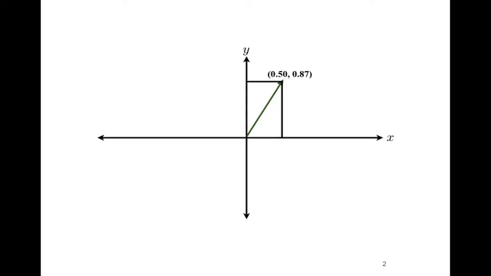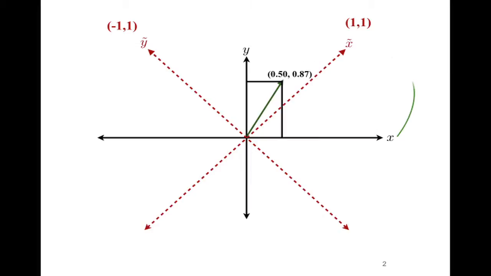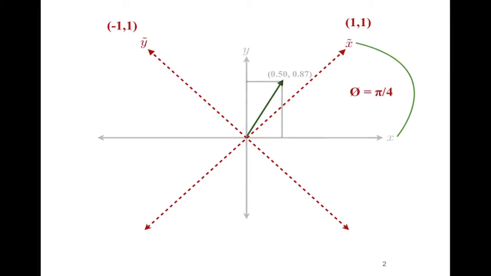So now, what if we rotated our coordinate system by pi over 4? So we took the x-axis and y-axis and just shifted them around as that green arc did by 45 degrees. Notice that our green vector is still the same vector, but what if we wanted to write it in terms of what is now x tilde and y tilde? What would that look like?